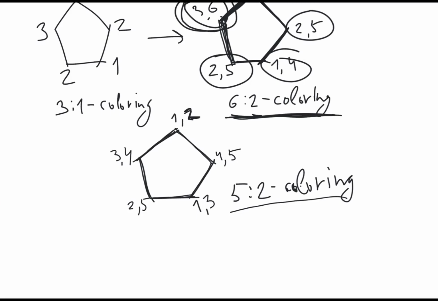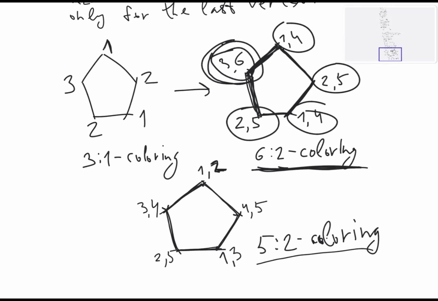Instead of 6 we use only 5 colors, but we use them more uniformly. The fact that we have 2 colors on each vertex permits us to use fewer colors than when we have only 1 color on each vertex.